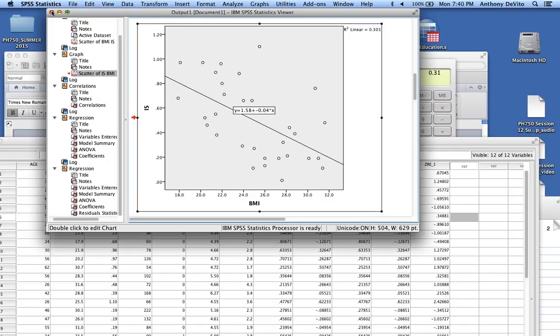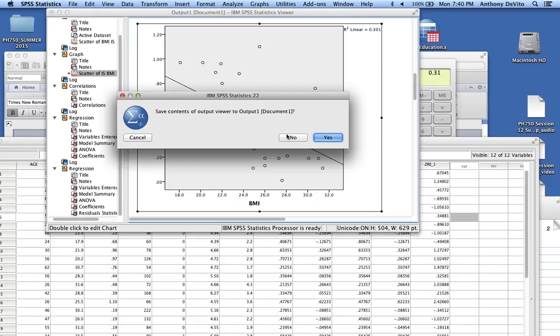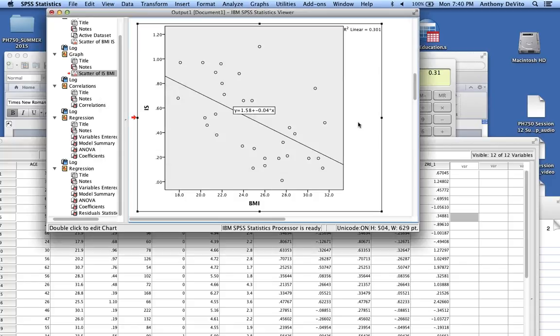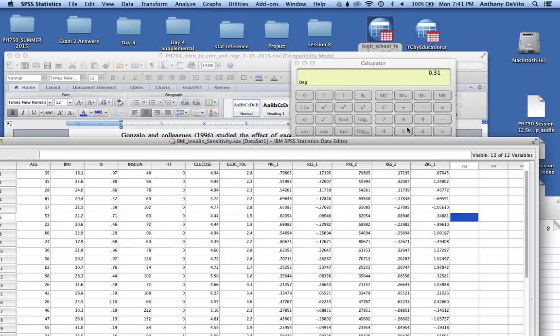Okay, so now what is this and why is this important to us? Well, if we have numerical variables, you can demonstrate, number one, whether there is a correlation, an association between variable A and variable B. And not only that, you can do a regression analysis and tell me how good a predictor one variable is of the other variable. That may be important to us for a couple of reasons.